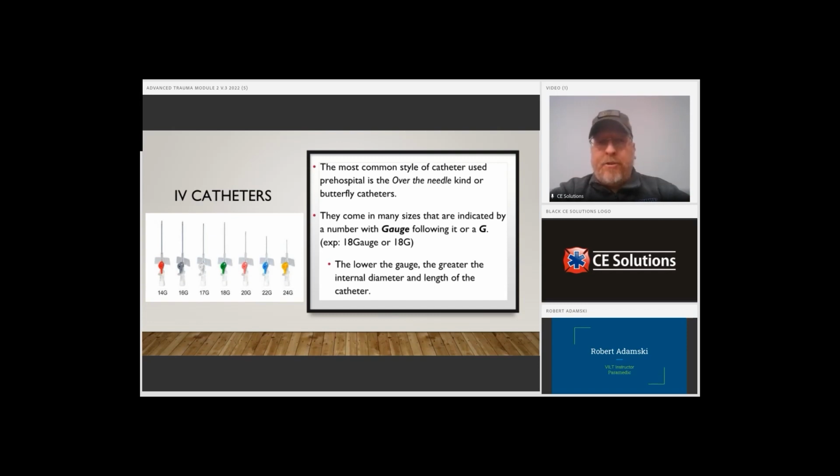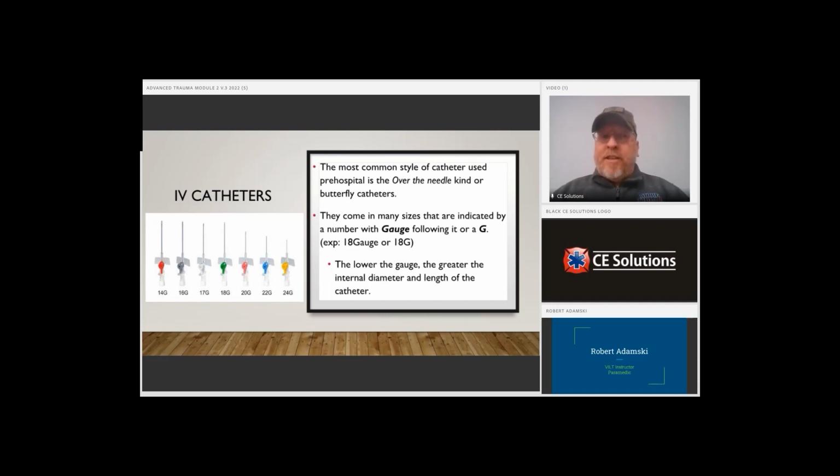or a 24 gauge. And also remember, the reason we like our larger bore catheters and our shorter catheters is that you get greater fluid volume, or flow of fluids, through shorter catheters and bigger diameter, or smaller gauge, catheters.